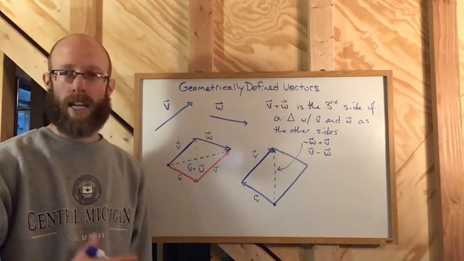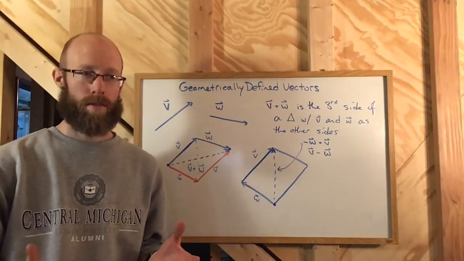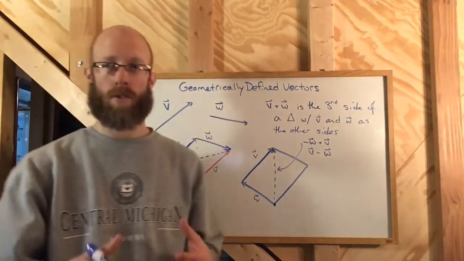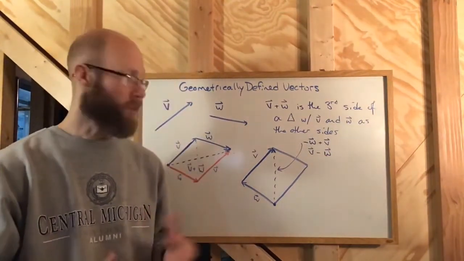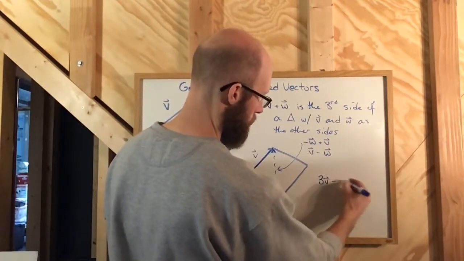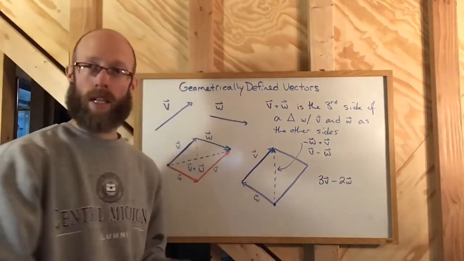And of course you can then add and subtract any number of multiples of these vectors together. Once you've established a few set vectors, you could add 3v minus 2w, and then you just have to link them all together, right?